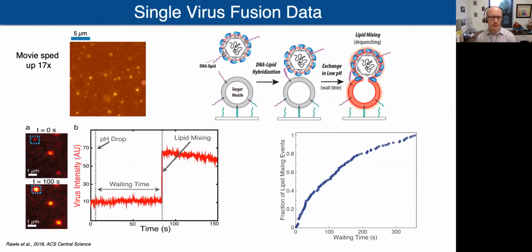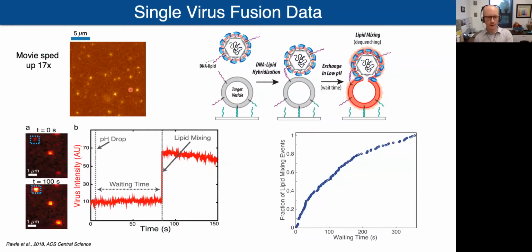So this is what the data looks like. Each of these little dots is a fluorescently labeled virus. Now, this is a movie that I'm going to try and show. We'll see if it works. At the beginning of the movie, the pH is dropped, and then we'll watch as these viruses fuse. You'll be able to see fusion because the little dots are going to light up.